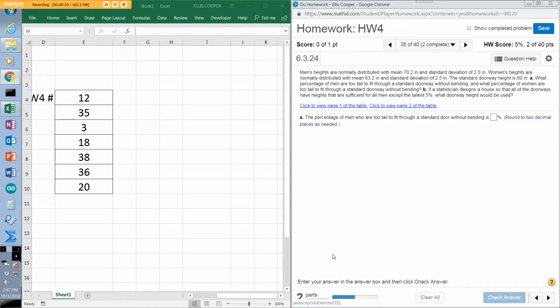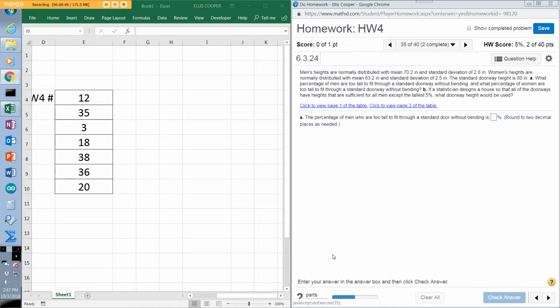And now they tell us a magic number. A standard doorway height is 80 inches. That's an X value. That's a score for the random variable that measures heights of men or women. So part A of problem 35 says, what percentage of men are too tall to fit through a standard doorway without bending, and what percentage of women are too tall to fit through a standard doorway without bending?